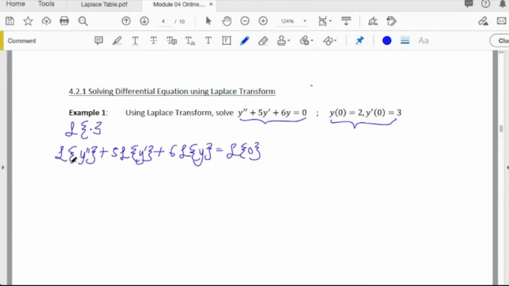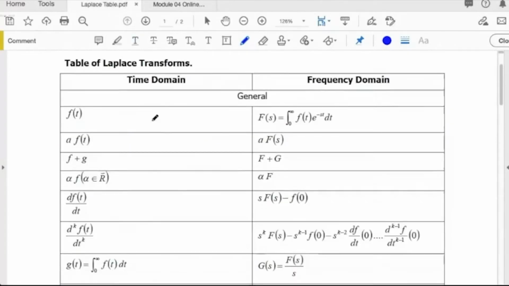Next, for the Laplace transform of y double prime, we have covered this in the previous sections, but you can refer to your Laplace table. On your right-hand side is the s domain, and on your left-hand side is the time domain.